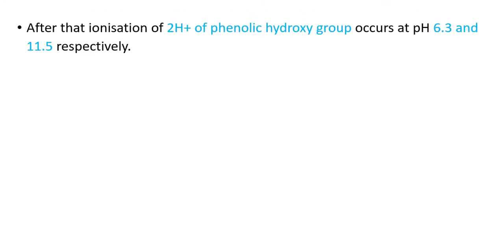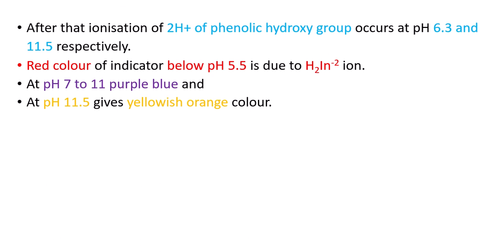After that, the ionization of the 2 hydrogen ions of the hydroxyl group occurs at pH 6.3 and 11.5 respectively. So we say the red color of the indicator below pH 5.5 is because of the H2In- ion. See here the stepwise ionization occurs, which gives the color change.